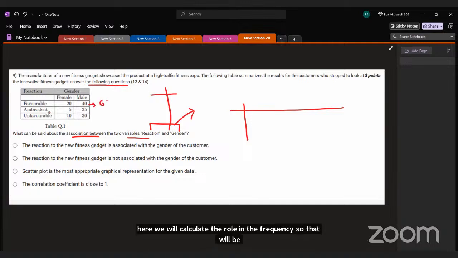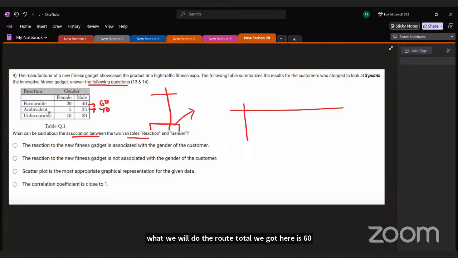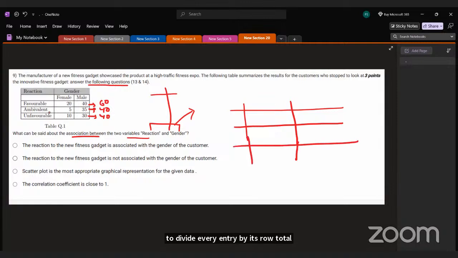The row totals we got here are 60, this is 40, and this is again 40. So we divide every entry by its row total. For the very first box, we get 20 by 60, that will be 0.33. For the second, we get 40 by 60, 0.66.